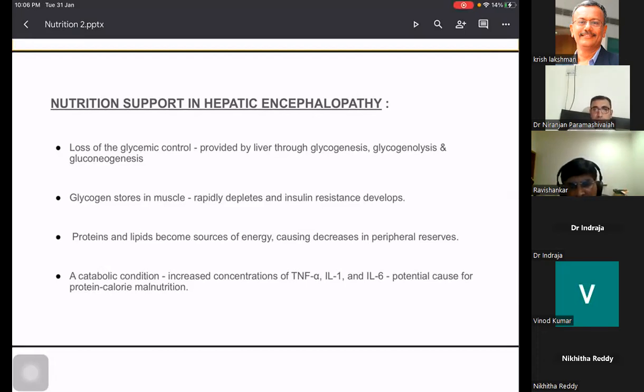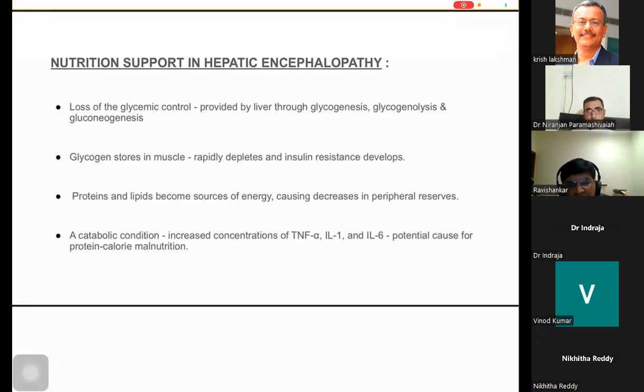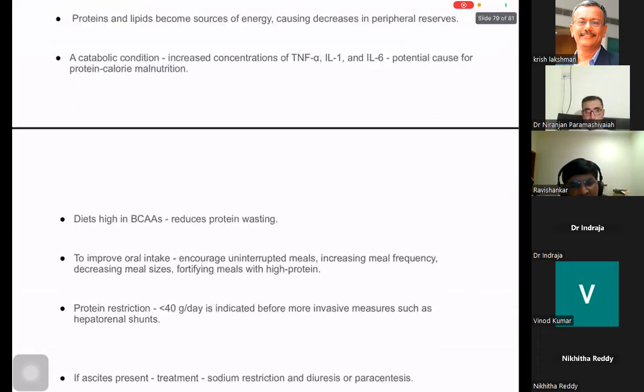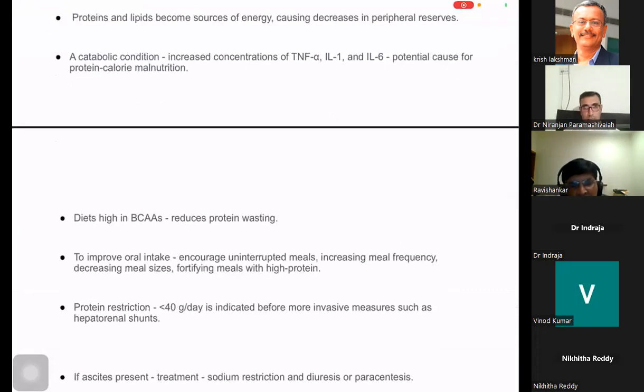The patient depends on proteins and lipids as the source of energy. The catabolic condition leads to increased TNF alpha, interleukin 1 and interleukin 6, which lead to protein calorie malnutrition. Hence, in these patients, we provide high branched chain amino acids, which reduce the protein wasting.